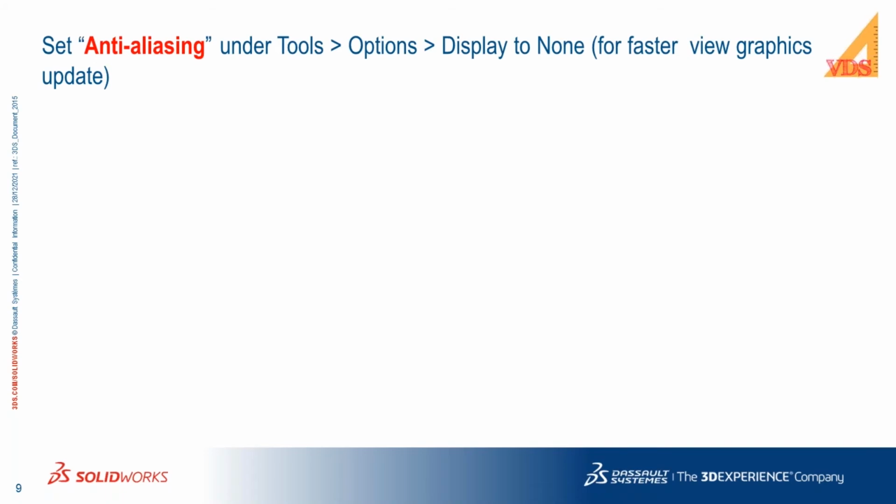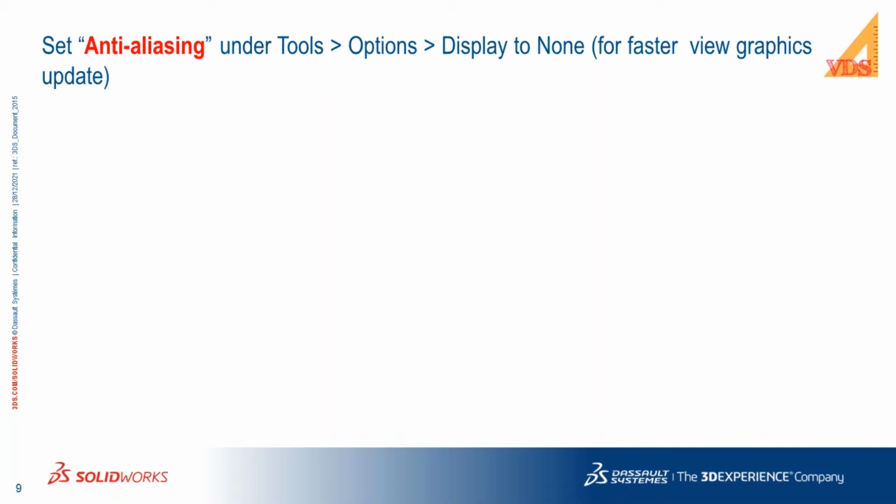The next one is the anti-aliasing tool option. So what this option does, first of all, when we have sketches or edges in the models, it tries to refine the edges to give us a more crisp look.